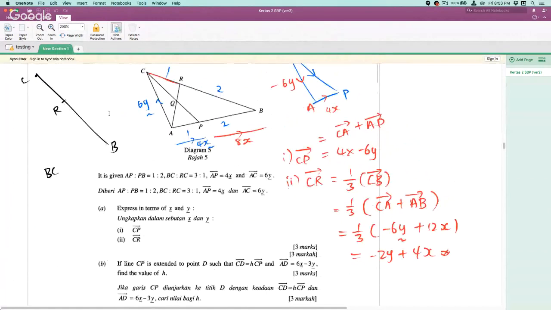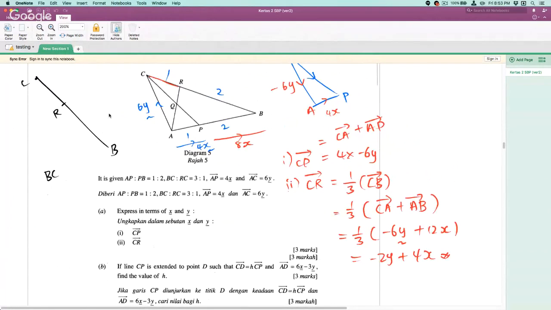If CP is extended to the point D, so where is CP? C to P is extended to the point D such that CD equals h times CP.